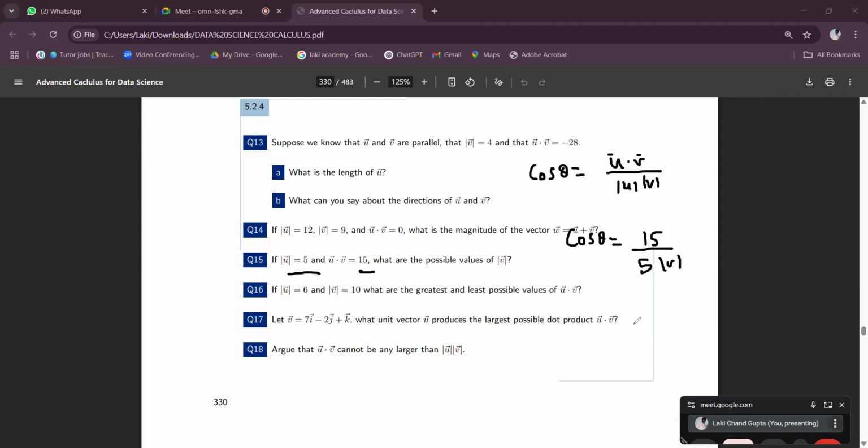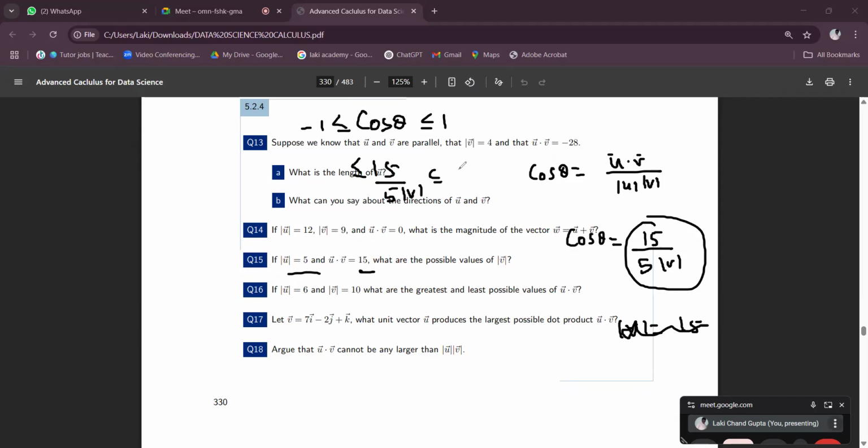You know the value of cos theta always lies from -1 to +1, right? We don't have any information about the angle here, so the value of cos theta lies from -1 to +1.